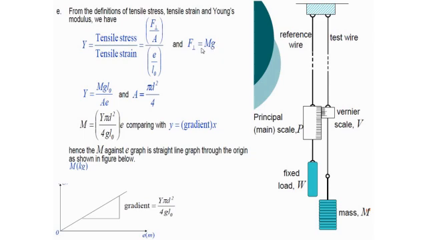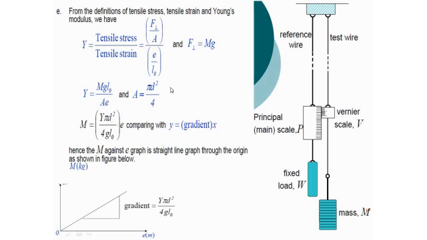Now just put the value of mg in this equation. Arranging, we get Y equals mg L naught divided by A e. In case of F we put mg, and L naught comes in the numerator. And this A is the area of the cylindrical wire, which is denoted by pi d squared divided by 4, right?